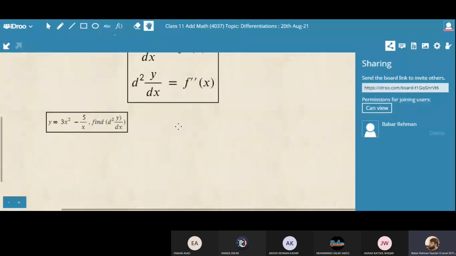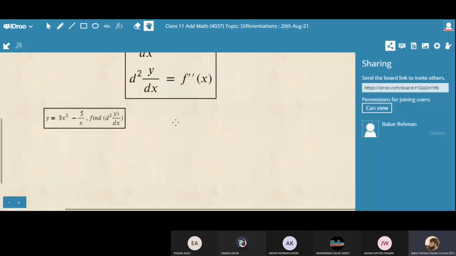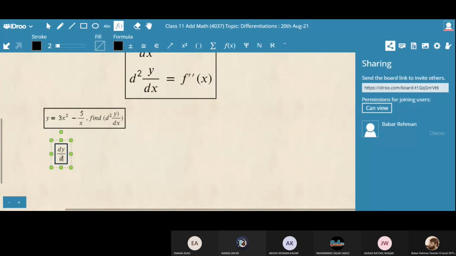So should I do it for you? What is the first derivative? Can I write f prime x, or you can write dy by dx. What is the first derivative? Anyone, please? Hamza Zafar?